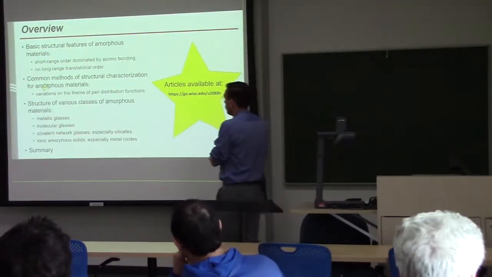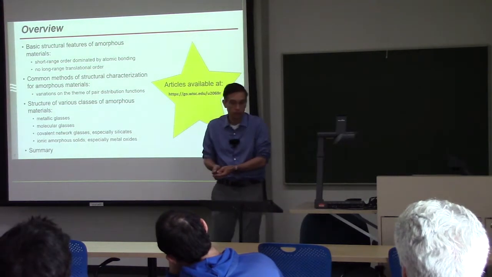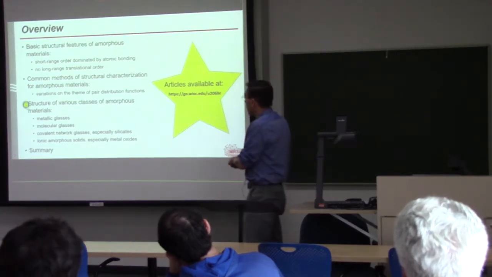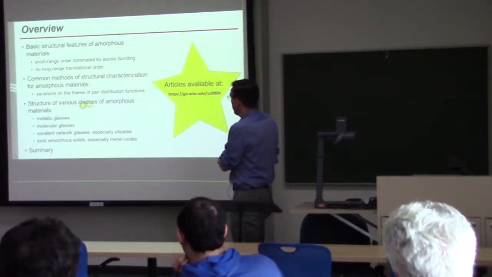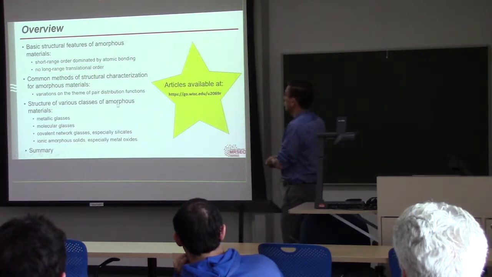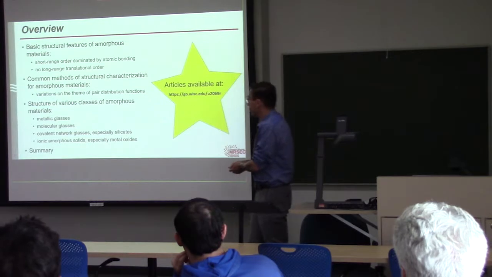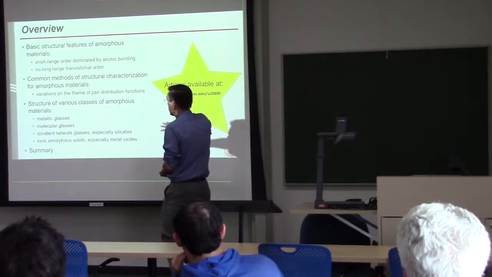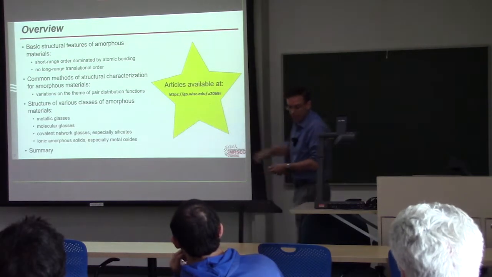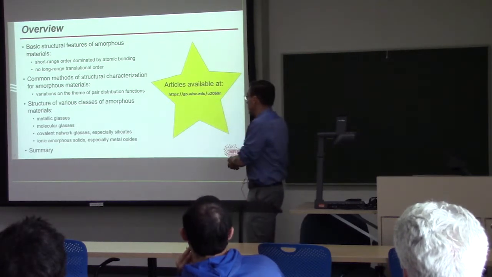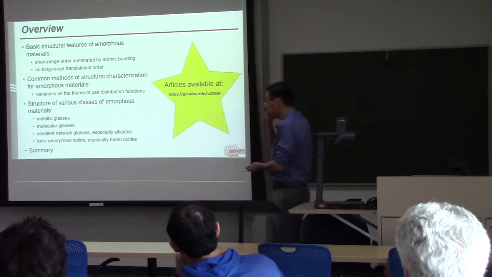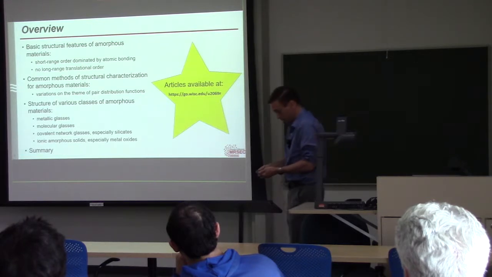In general, we'll focus on descriptions that have to do with understanding the local configuration and that short-range order contribution, and these are all radial or pair distribution function based ideas that we'll talk about. Then we'll apply these ideas in 4 sets of systems: in metallic glasses, molecular glasses, in so-called network-forming glasses, and finally in more complex oxide amorphous solids, and we'll give a brief summary at the end.